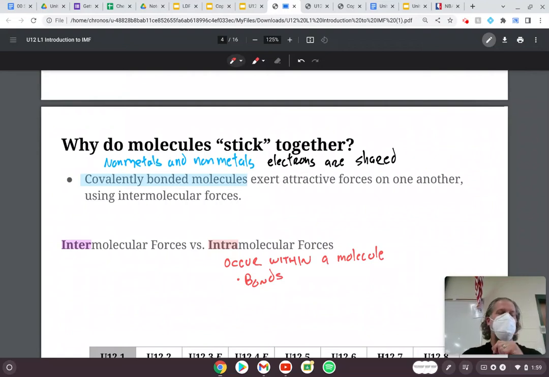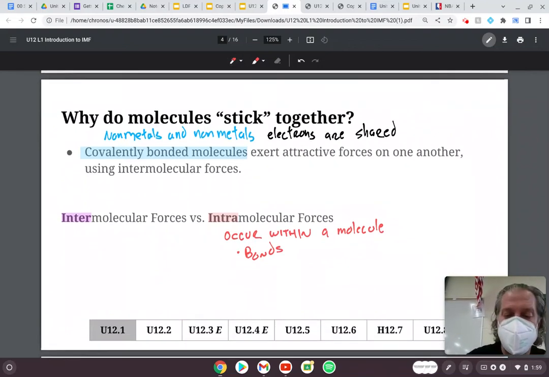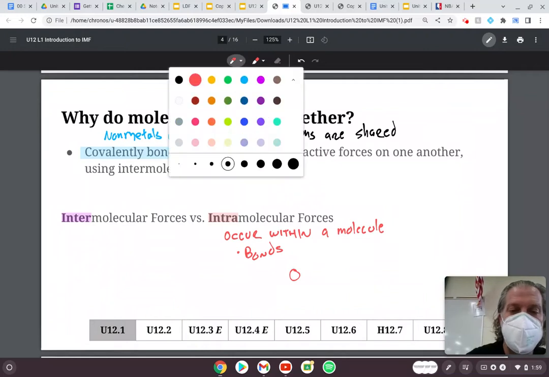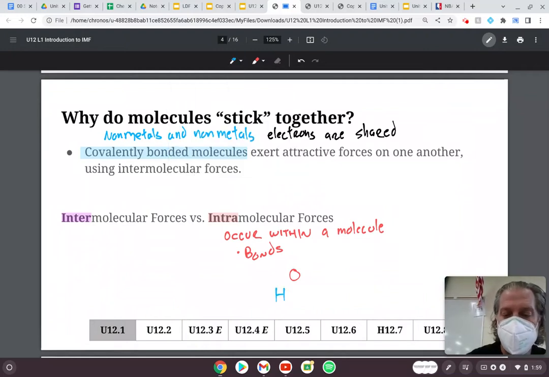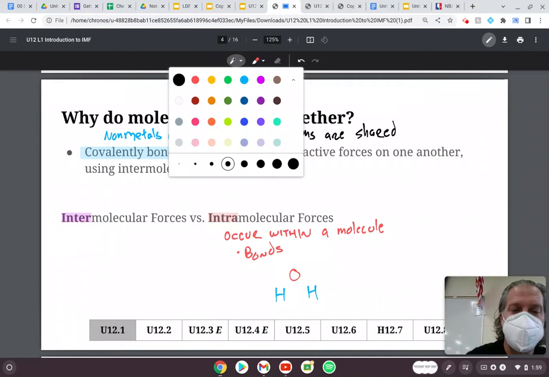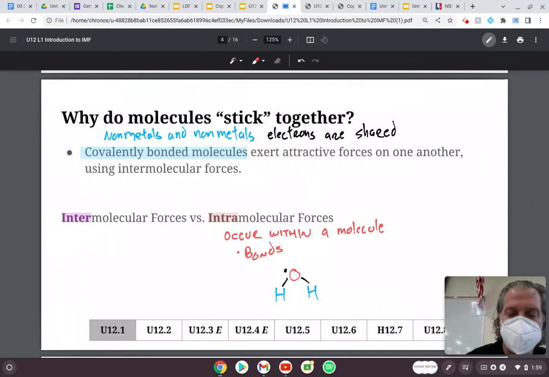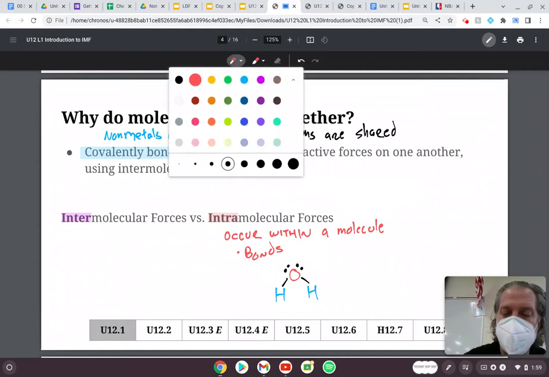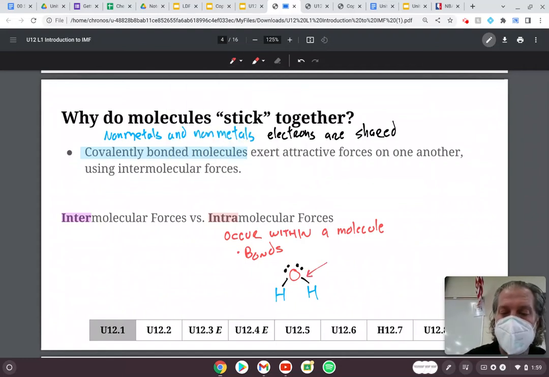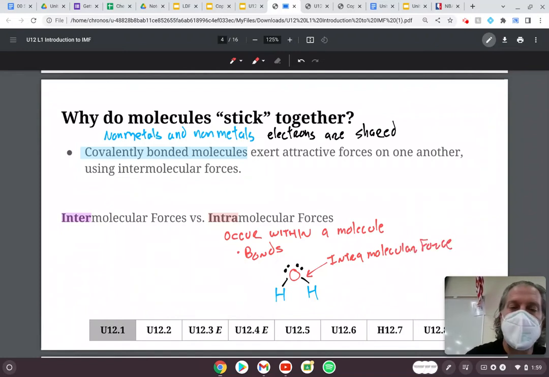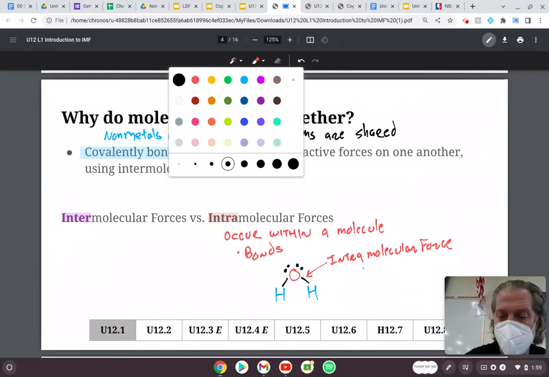An example might be a water molecule, and this bond right here is the intramolecular force. That would be a bond where the electrons are shared.